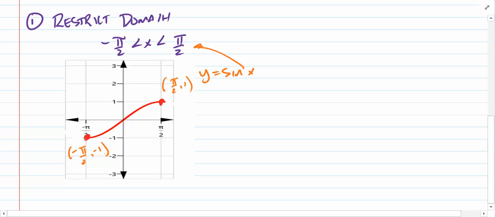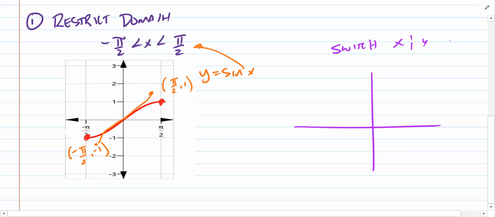Yeah, we would go 1, comma pi over 2, right? So it would look something like this, here and then here. So my graph would look something like this. So if we then switch the x and y coordinates, we would get this.